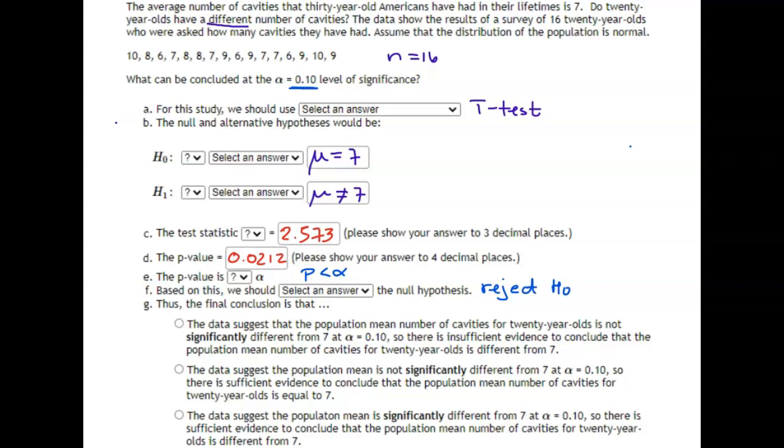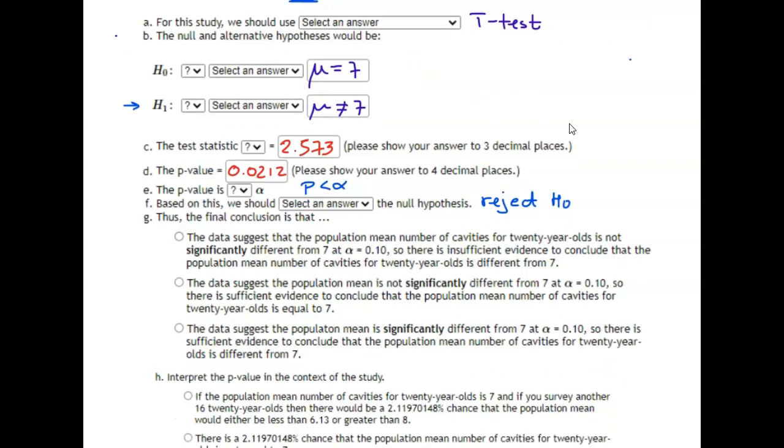Rejecting the null means there's enough statistical evidence to support the alternate hypothesis that the mean is different than 7. So we're going to say not significant, that's not true. The data suggests that the population mean is significantly different from 7 at that level of significance. All right, so that's what we choose.